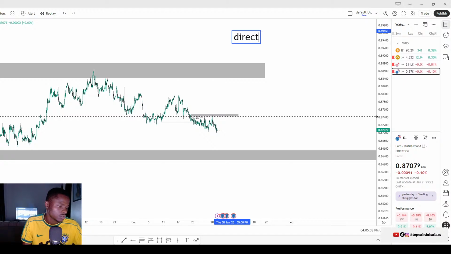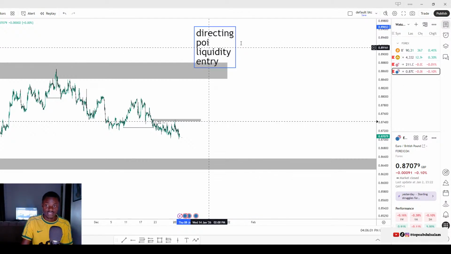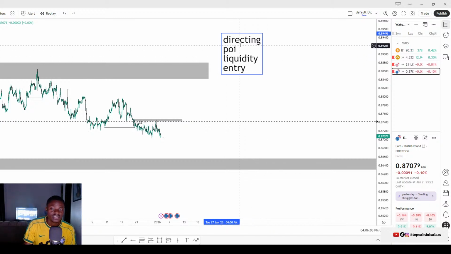Direction, point of interest, liquidity, and entry. You see these four things. These are the things that you need.